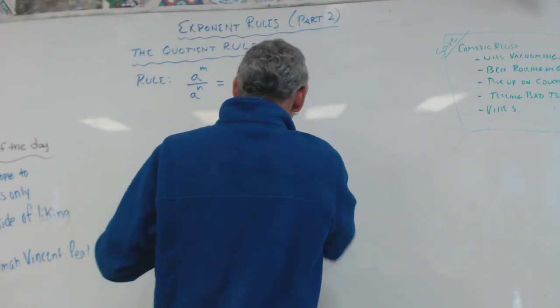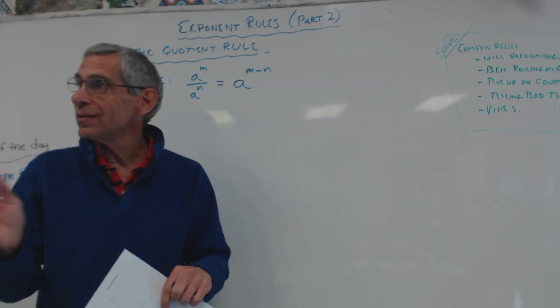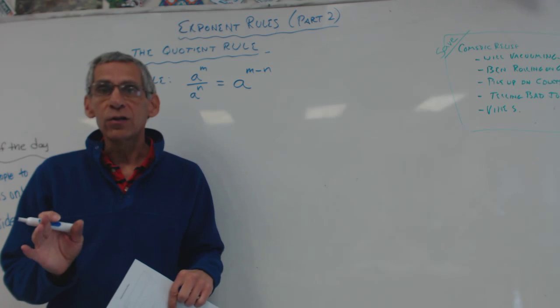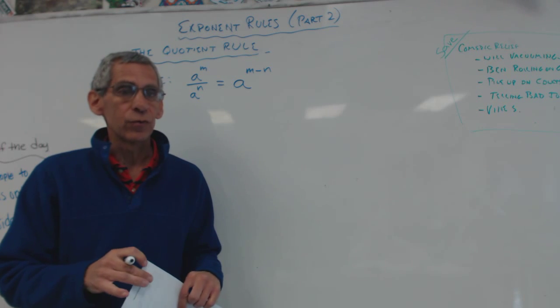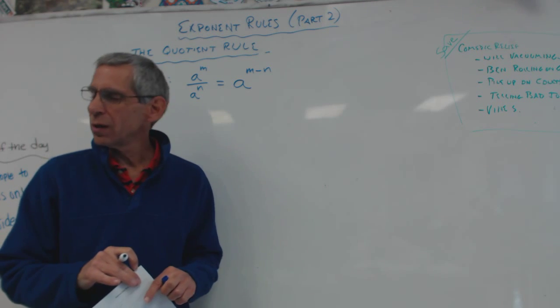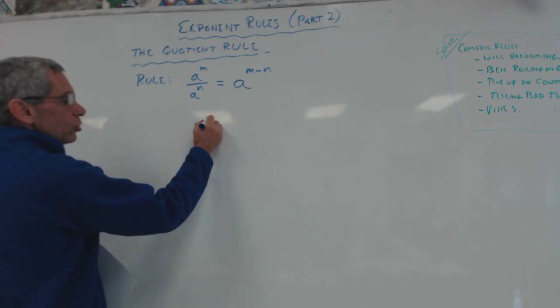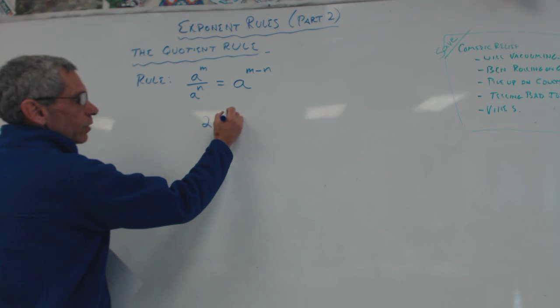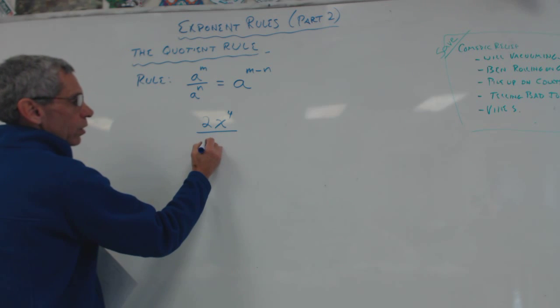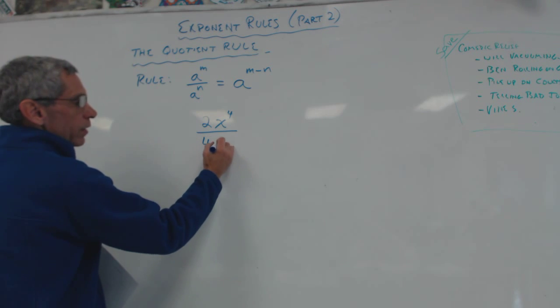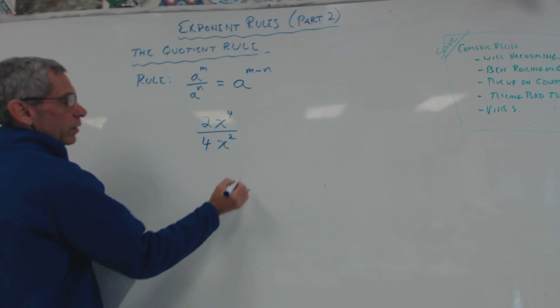That's cool. All right, so now we're gonna make it one step harder. We're gonna include numbers in front of the variables. What are those called? Coefficients. Okay, so let's say I had 2x to the 4th over 4x squared.